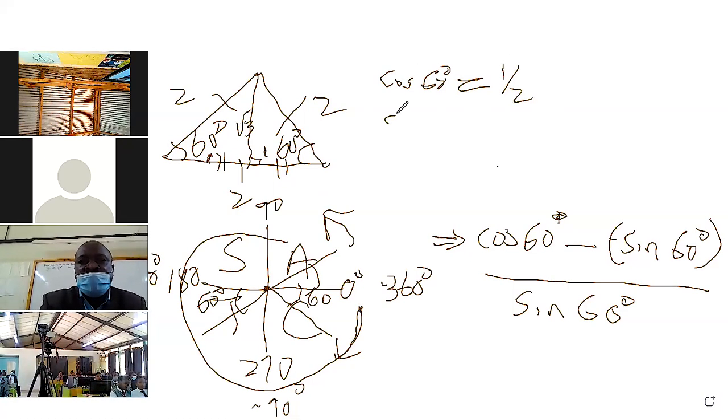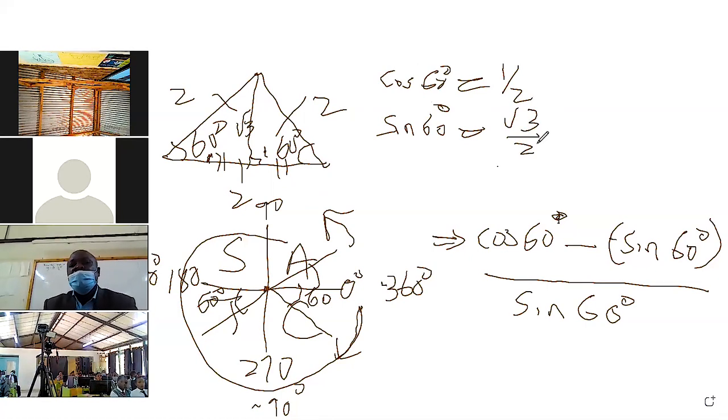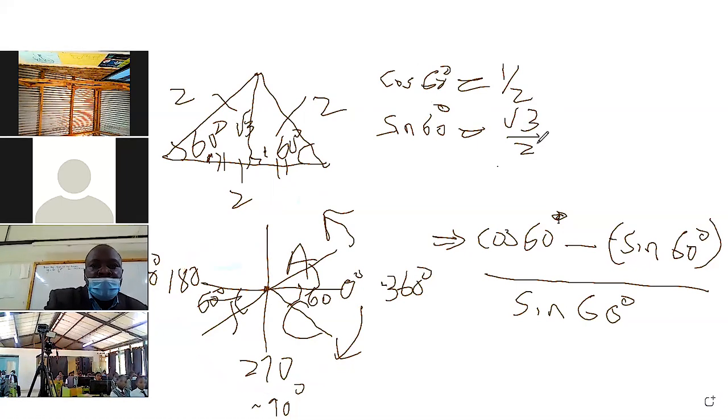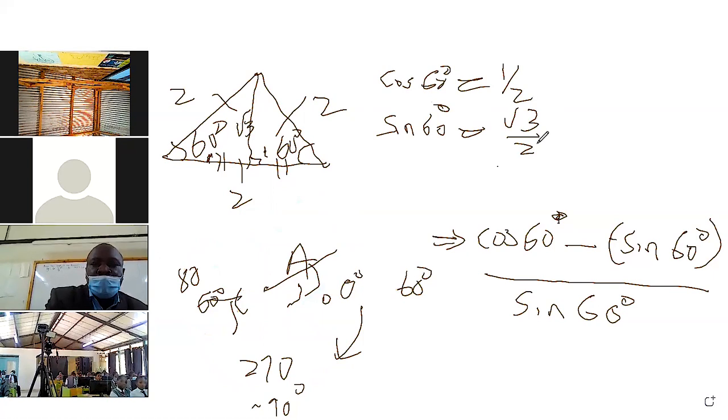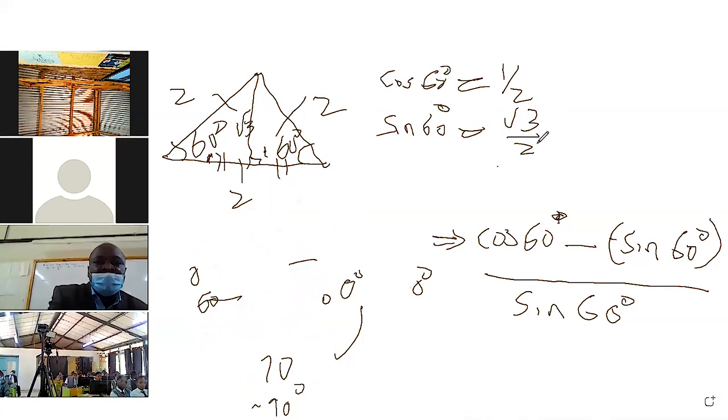What about sine of 60? Sine of 60 degrees is going to be the same as opposite over hypotenuse, root 3 over 2. So now we can substitute it in the equation we had simplified.